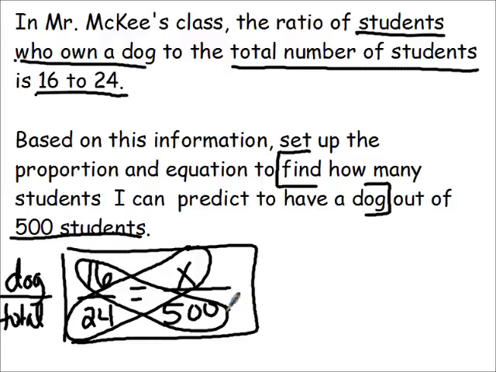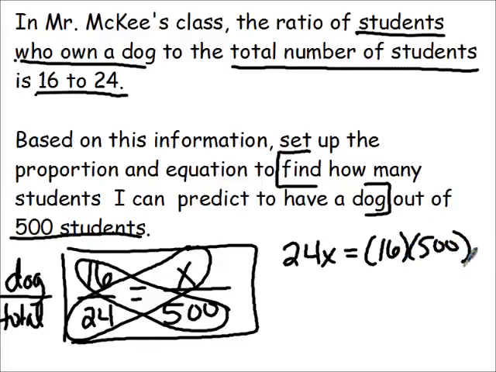So I can make an equation to solve this. 24 times x will equal 16 times 500. So we've learned not only how to set up a proportion, but how to set it up to solve it. We will not solve the proportions today. We will simply set up the proportions and the equations in order to solve them.